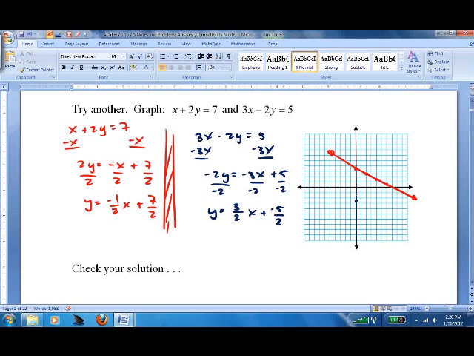And 3/2. 1, 2, 3. 1, 2. 1, 2, 3. 1, 2. Looks like they intersect right about there. And I said looks like. We don't know for sure. So this point is 3 over 2 up.